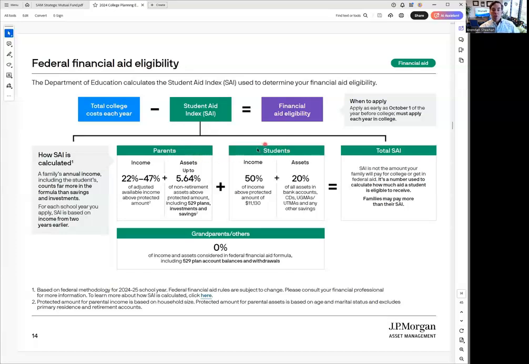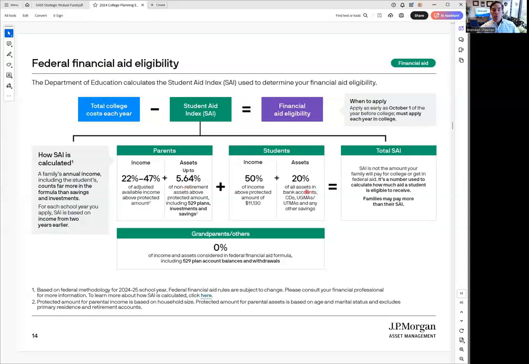But look at the student section. Instead of 22 to 47% of the parents' income being taken into account, 50% of the student's income is taken into account. Similarly, assets are only valued at 5.64% for parents, whereas a student's are assessed at up to 20%.